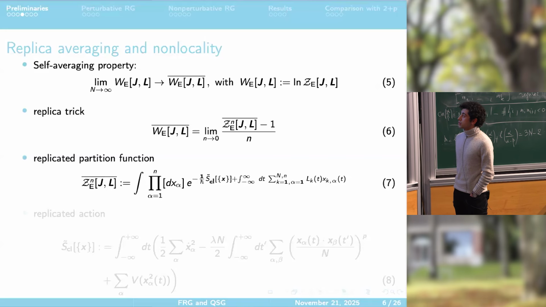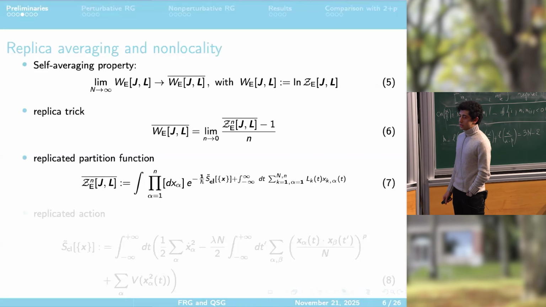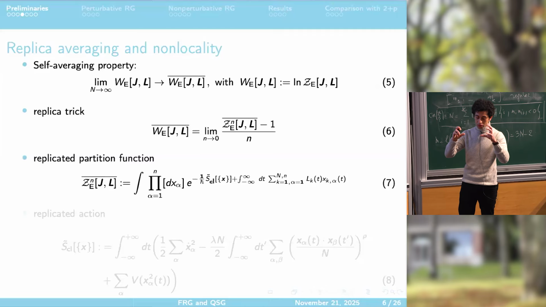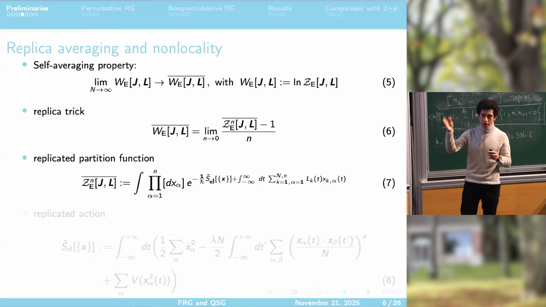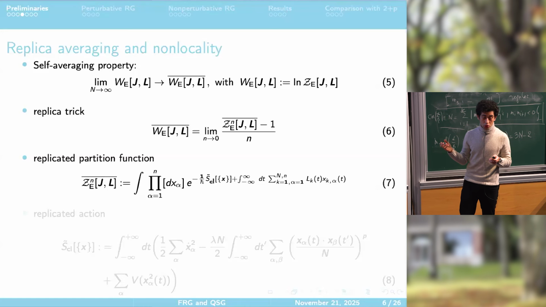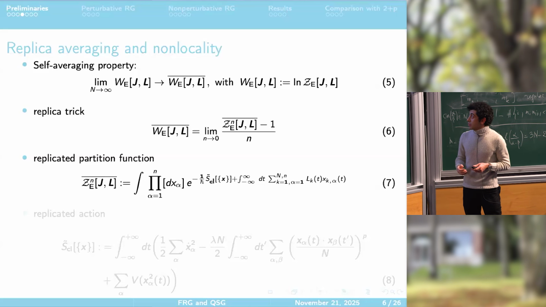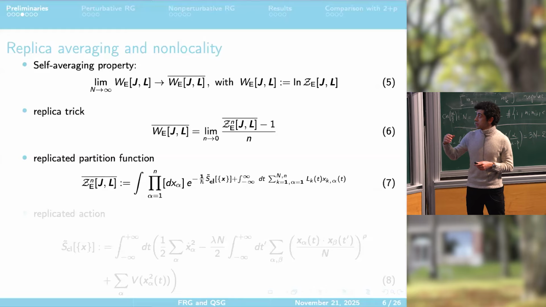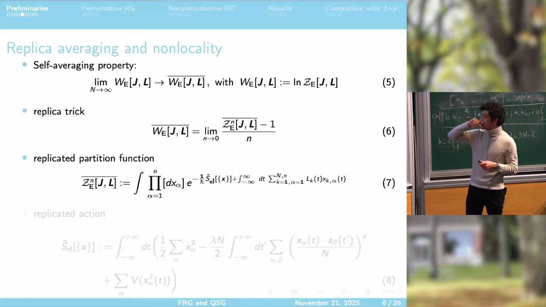This replicated partition function has the property that, after it is constructed, you can imagine having n copies of the system, writing the partition function of it, and then integrating over the disorder J. And if we do this whole procedure, what we arrive at is this path integral.